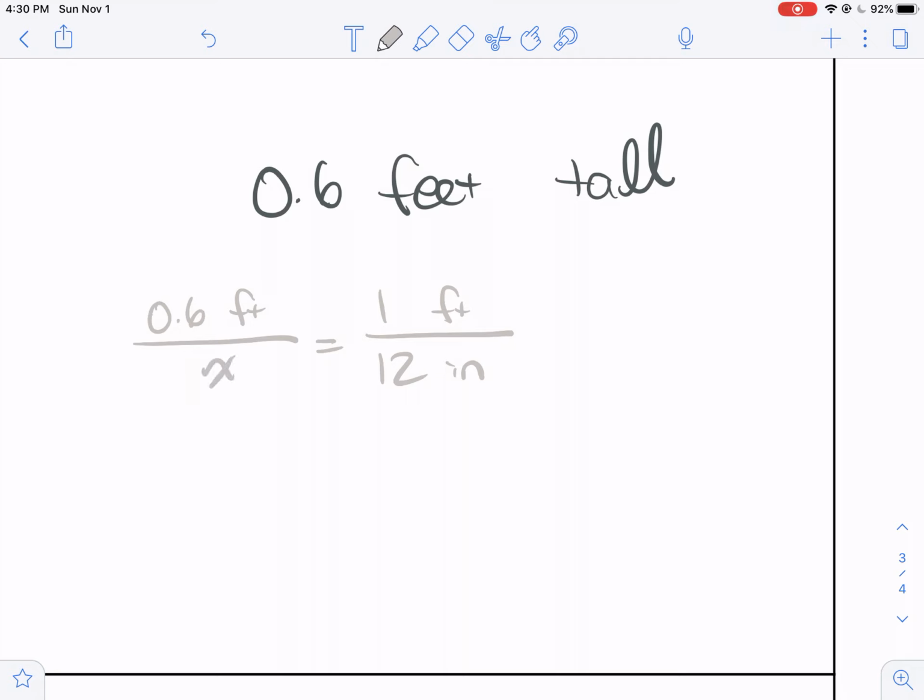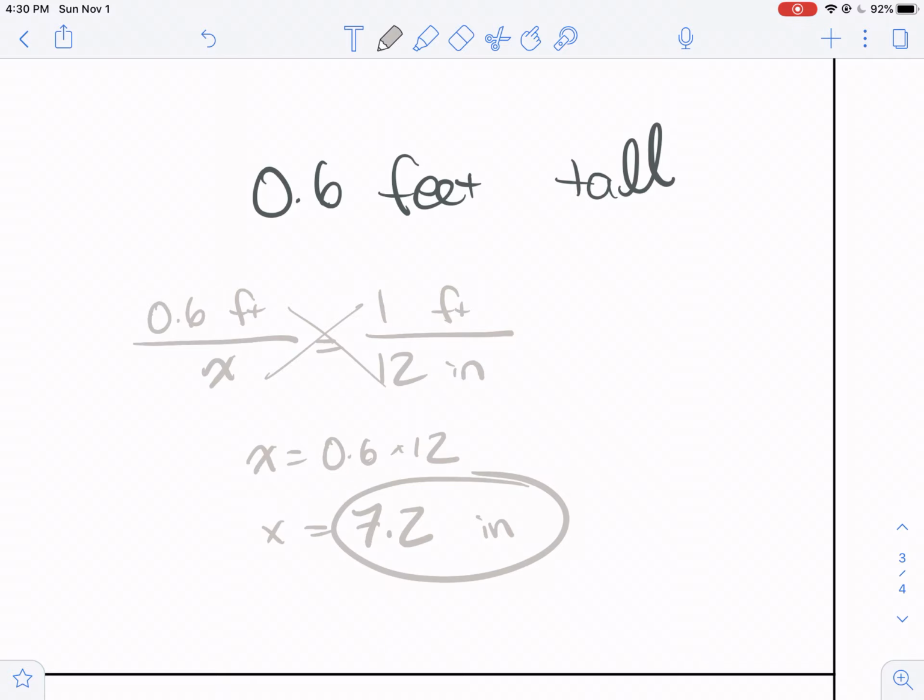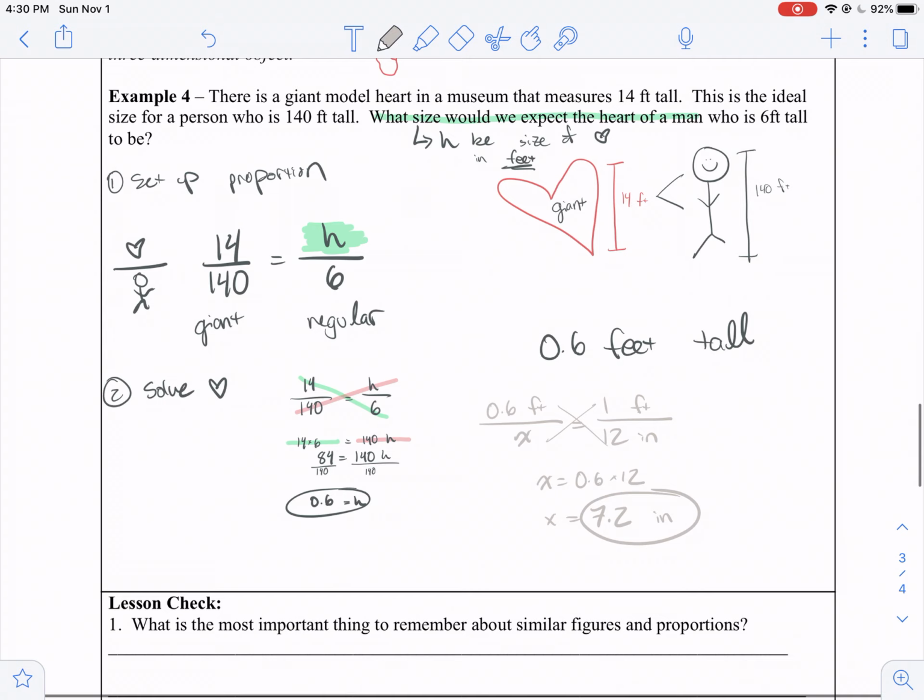We don't know how many inches are in 0.6 feet yet, but we can cross multiply, giving us x equals 0.6 times 12. 0.6 times 12 is 7.2. So x in inches is 7.2 inches. So the heart is 7.2 inches tall, or 0.6 feet tall.